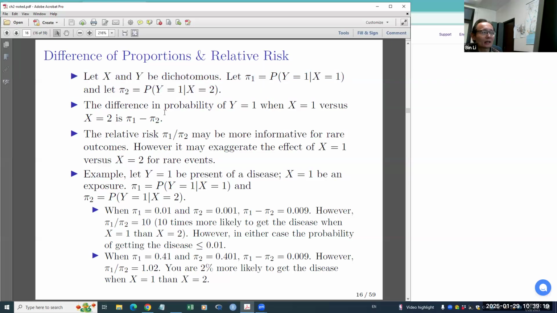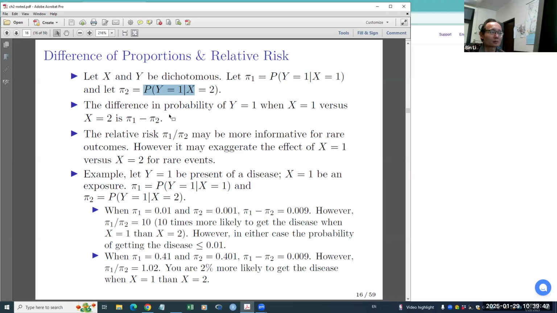And that comparison happens a lot in reality. For example, X1 is smoker, X2 means non-smoker. Y equals 1 means getting lung cancer. So we want to know the probability of getting lung cancer among the smokers and among the non-smokers. And we want to compare them.